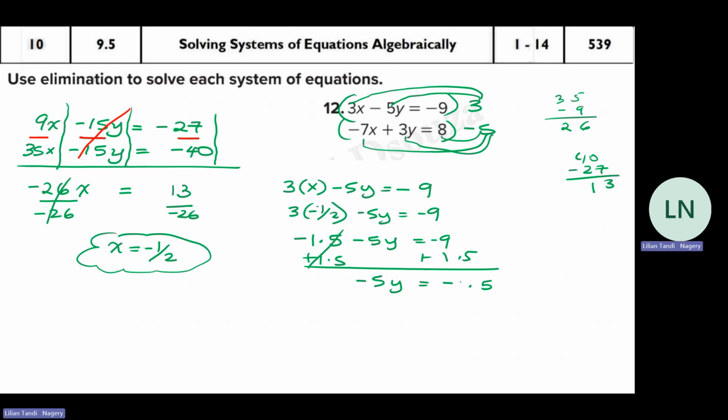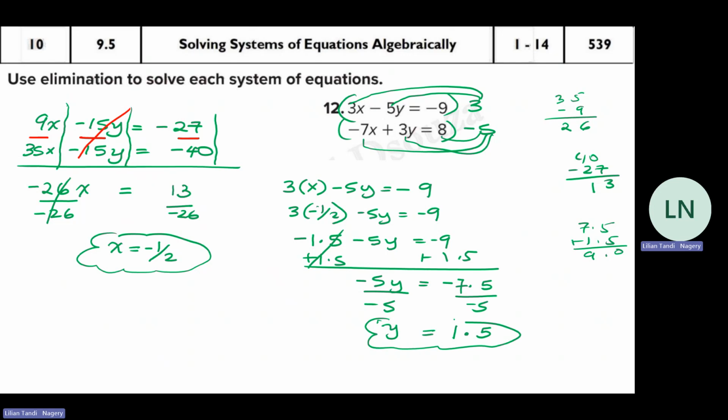Not negative 8.5, negative 7.5. How do I know? Because 7.5 plus 1.5 will give me 9. Now, divide both sides by negative 5. 5 goes here one time. So y is 1.5.